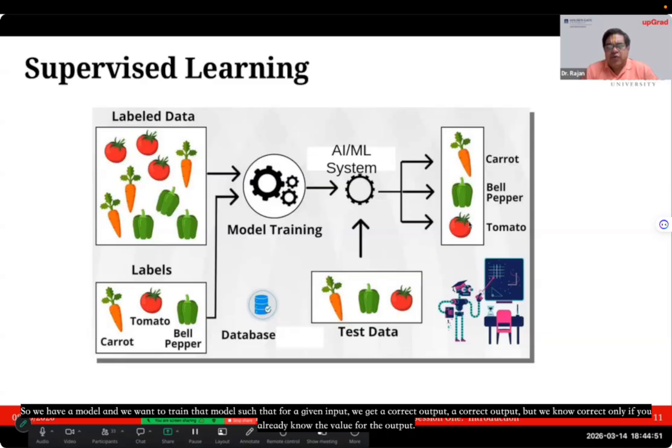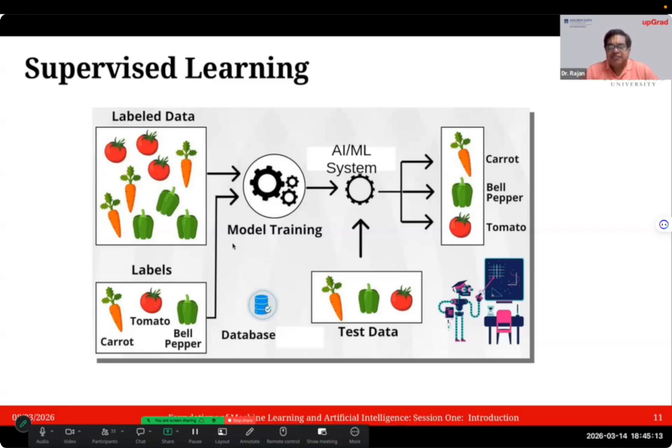But we know correct only if we already know the value for the output. Therefore, during the training phase, we give to the model the attributes, the set of independent variable values, and also the value for the dependent variable.